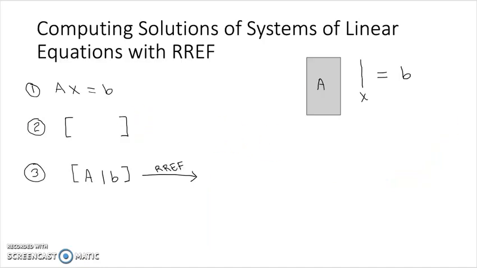So let's put this in the format of a little bit of a recipe. When we are going after solutions of systems of linear equations, you start with something that looks like, in matrix vector form, AX equals B. A is the matrix of coefficients, B is the vector with the constants on the right hand side, X is a column vector with unknowns.